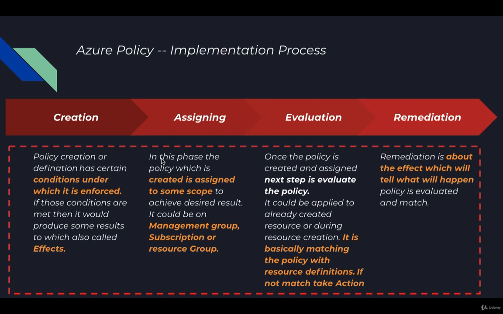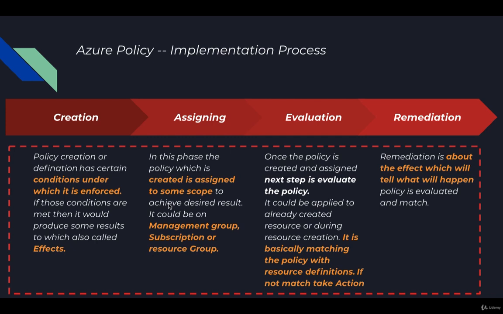And then in the next phase, now that we know this is the policy we have created, the policy will be assigned to certain resources, to some scope. So in this phase, the policy is created and assigned to some scope to achieve the desired result.